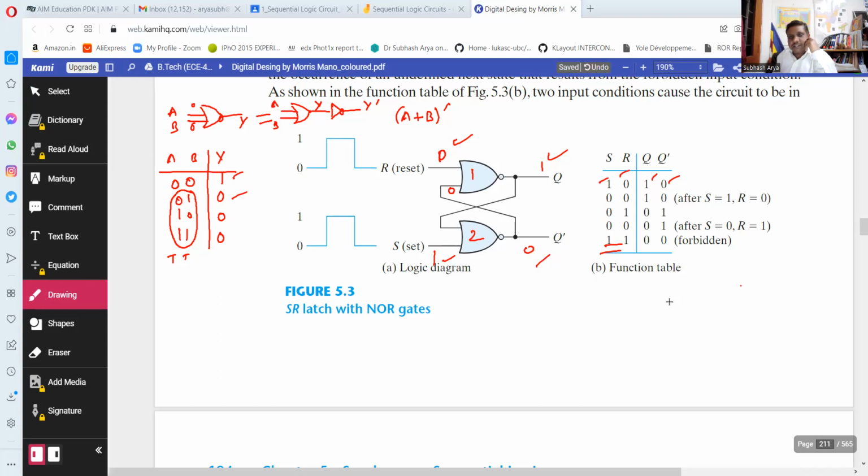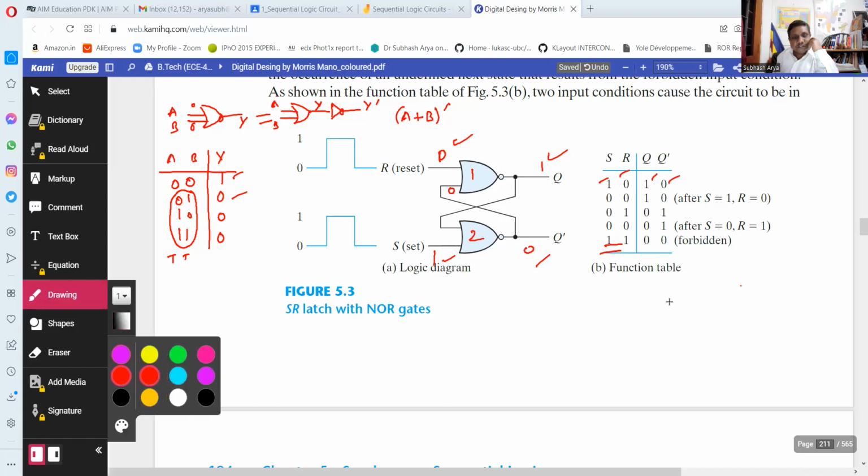Now take another situation. After that, if we give 0, 0, so here this is 0, this is 0. We can take a decision if any one input of a NOR gate is equal to 1, then the output will be 0.